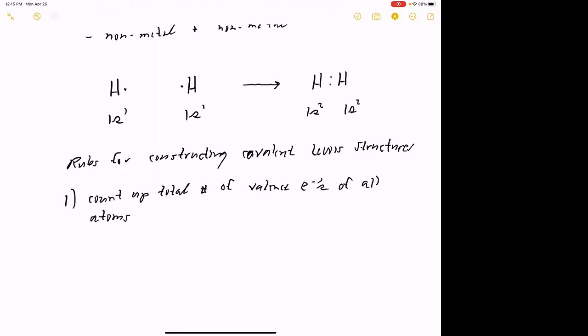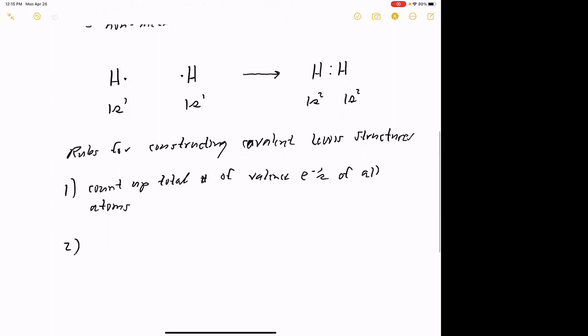So in the case of the H2 above, how many valence electrons have we got? Well, we've got a total of 2 because each hydrogen brings 1 in. So that tells us that in terms of building blocks to make bonds, that's the number of electrons I have to work with. I can't have any more, okay?